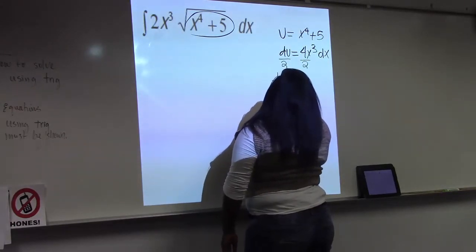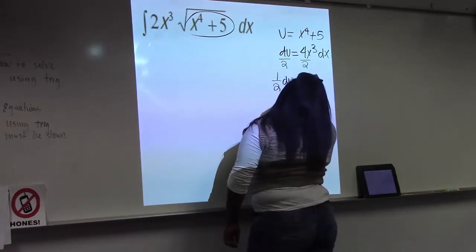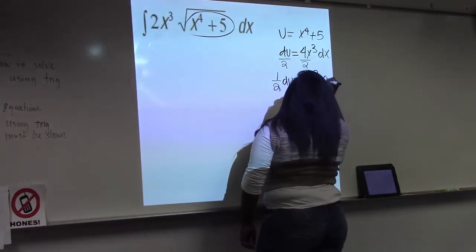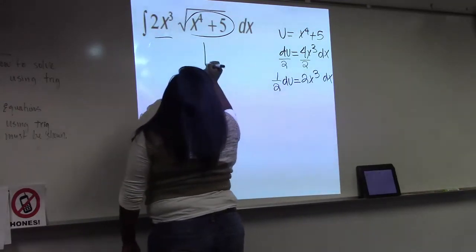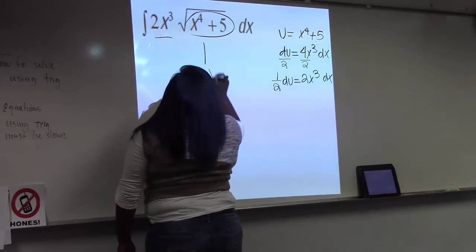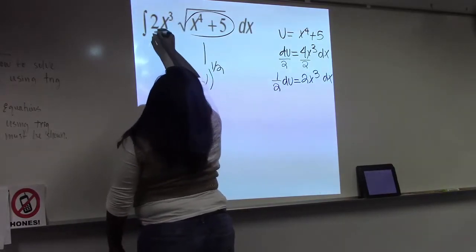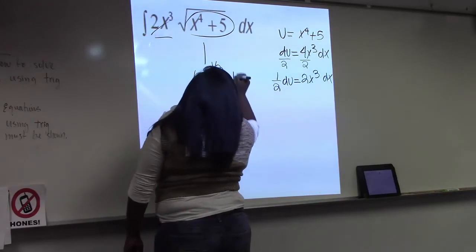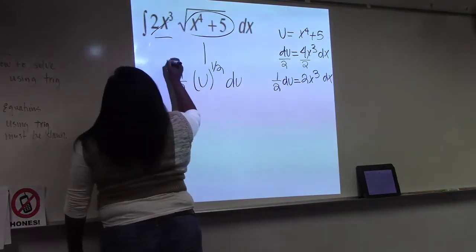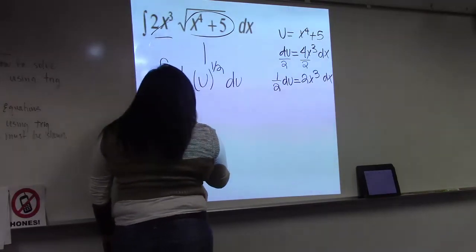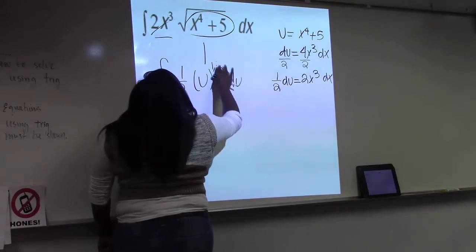So you'll have 1/2 du is 2x cubed dx. Which is this. So this becomes your u, and this is just 1/2. So this can go away because that's your du, and then you have times a half. Now you bump up and divide. So let me write it differently.